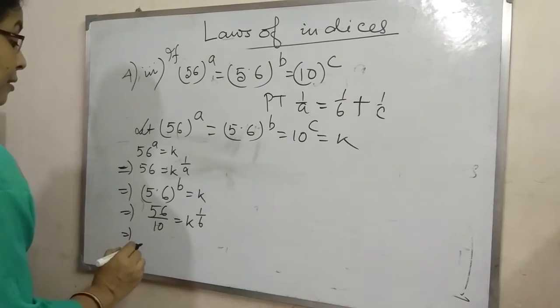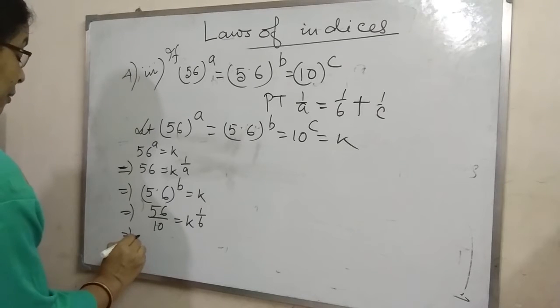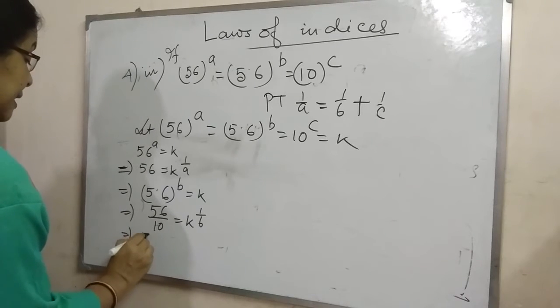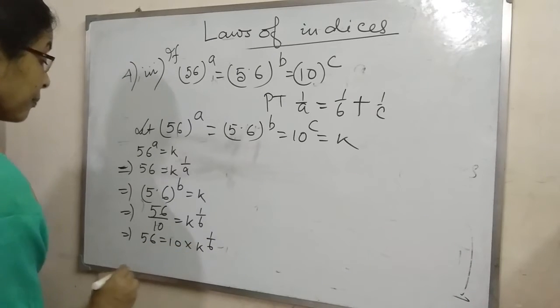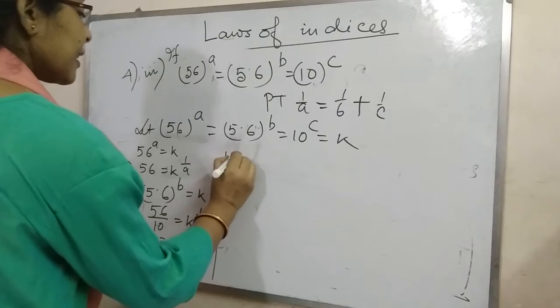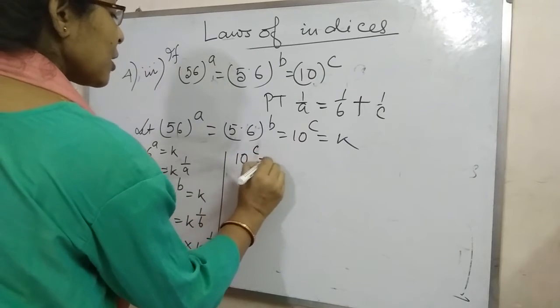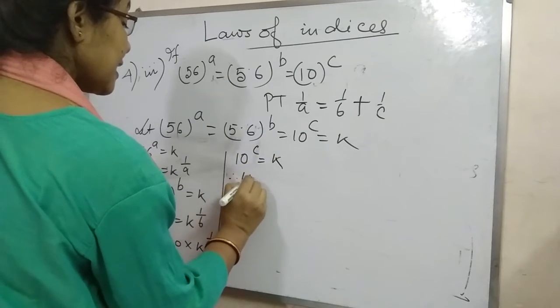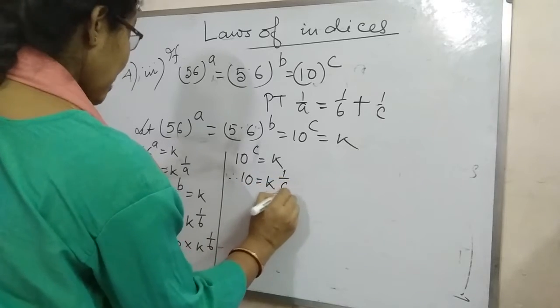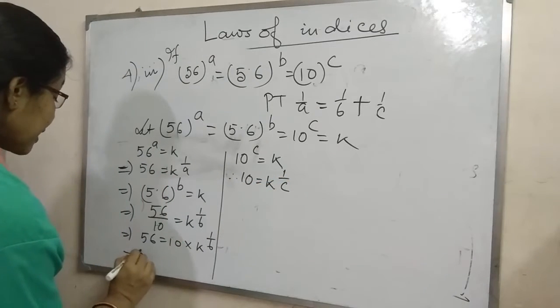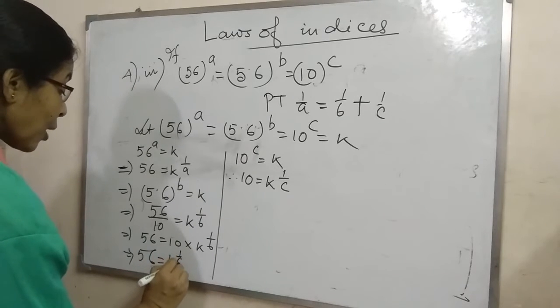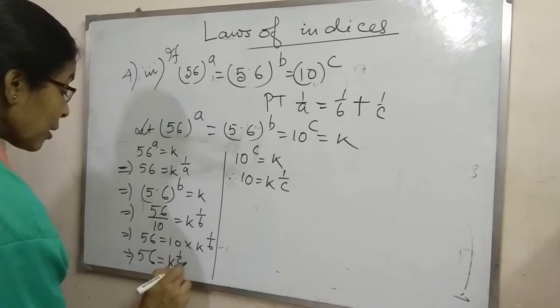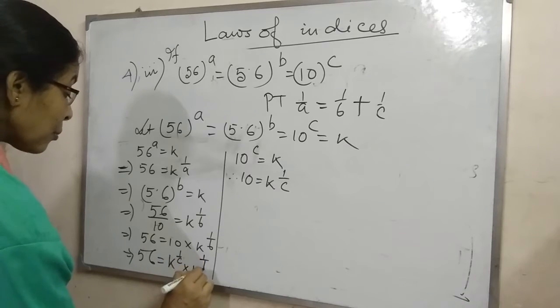That is 56 equals 10 into k to the power 1 by b, and 10 to the power c equal to k, that is 10 equals k to the power 1 by c. So 56 equals k to the power 1 by c into k to the power 1 by b.